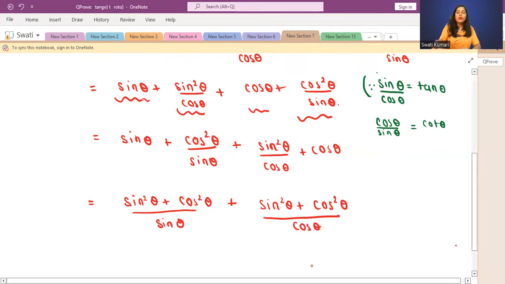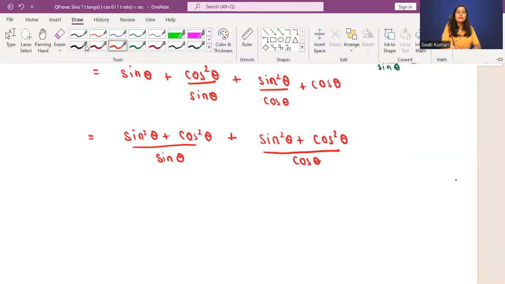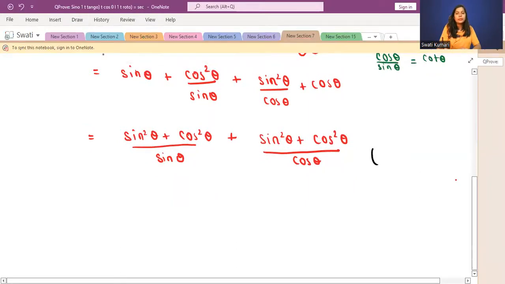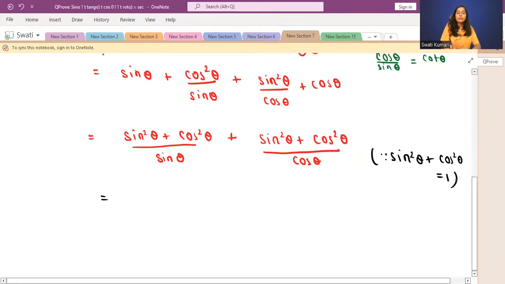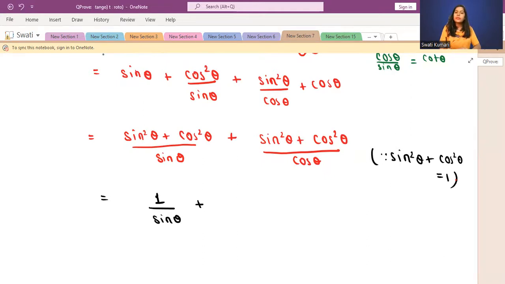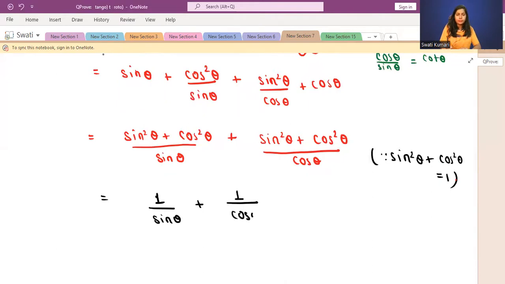Now, we know a very famous trigonometric identity, which is sine square theta plus cos square theta equals 1. So using this formula, we can directly substitute 1 in place of sine square theta plus cos square theta. So 1 upon sine theta, and then plus here also sine square theta plus cos square theta, which is 1 upon cos theta.